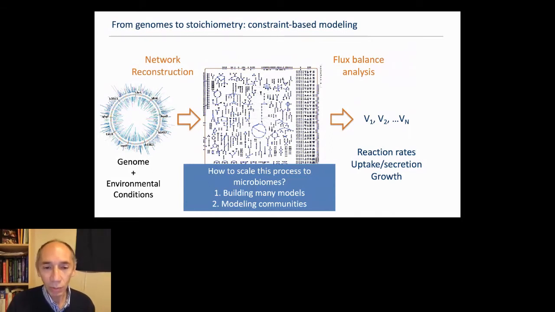Building one model is one thing. Building many models, hundreds of models, poses a lot of scaling questions. And how do you make processes that were done originally with manual curation automated and feasible for a large number of organisms? And the next point is, how do you make models of communities, not just individual organisms?